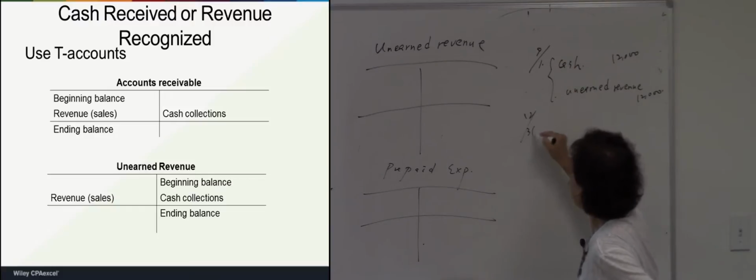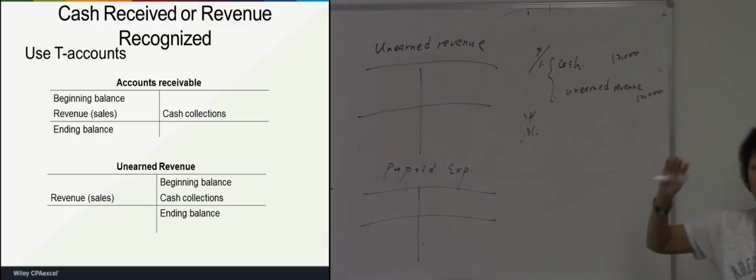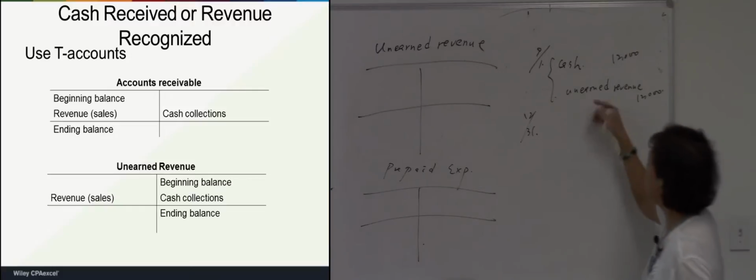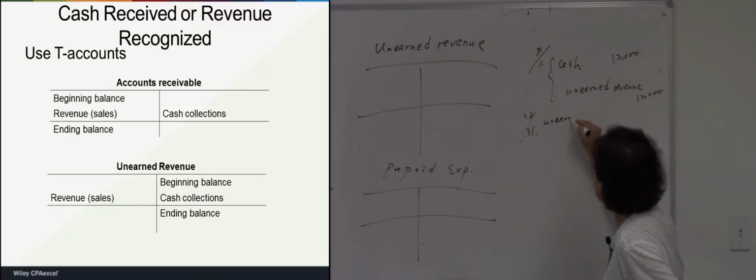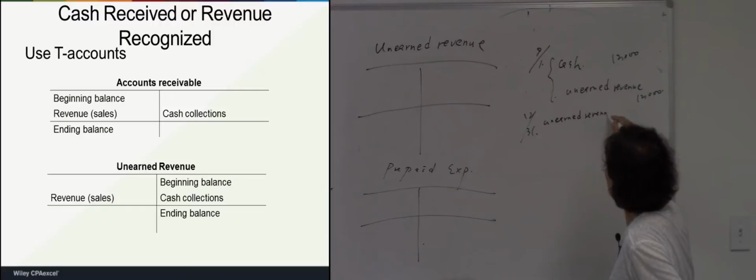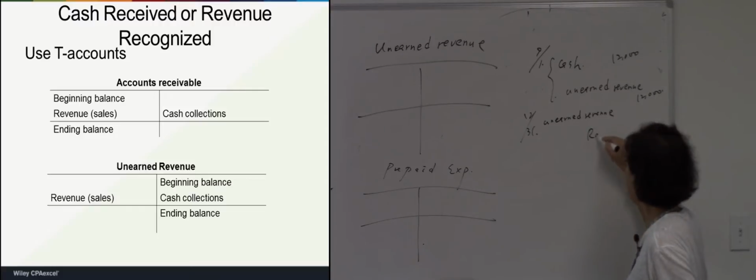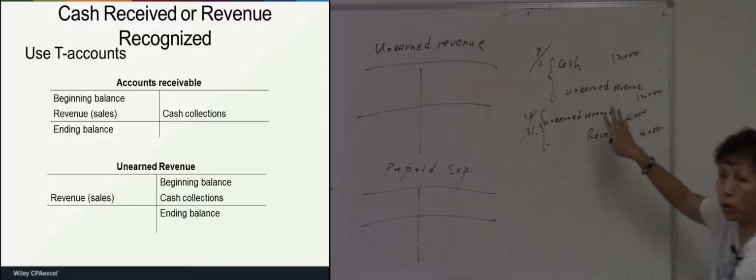On December 31st, the 4 months rent is already earned, so I move unearned revenue to debit. And in the credit side, I put revenue for only 4,000. This is the journal entry.